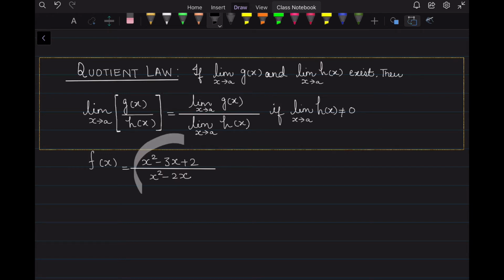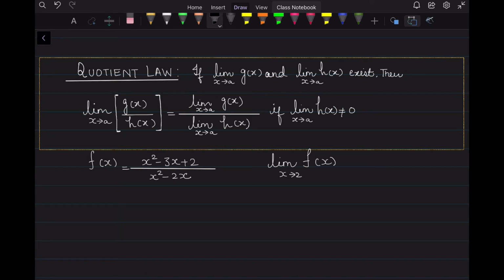So for our rational function, let's assume that the numerator is g(x) and the denominator is h(x). And let's say the point a is x is equal to 2, because we have to determine the limit of this rational function as x approaches 2.